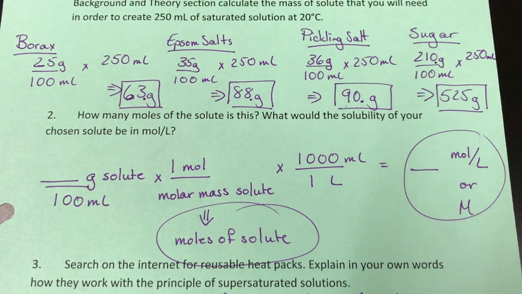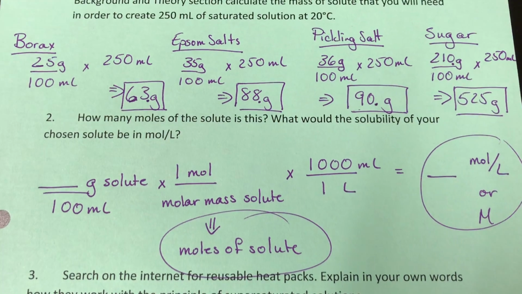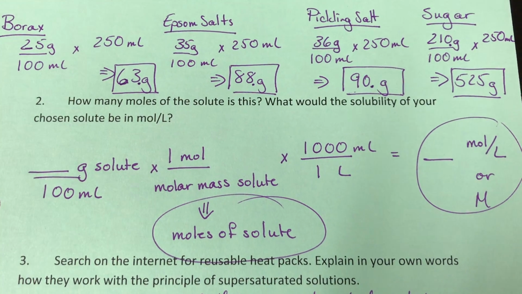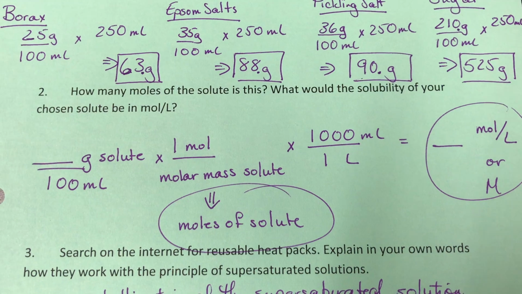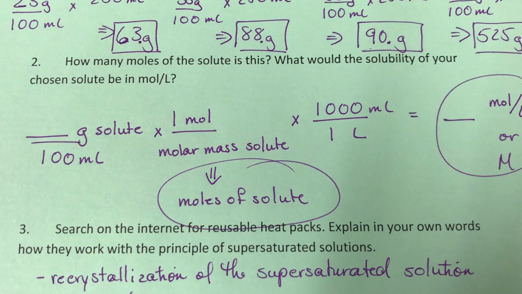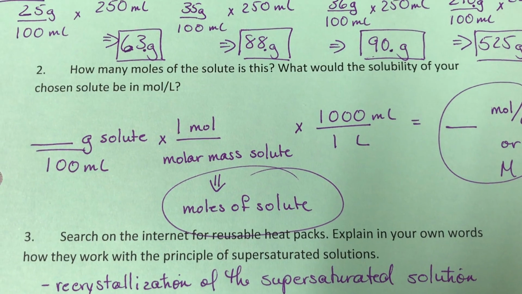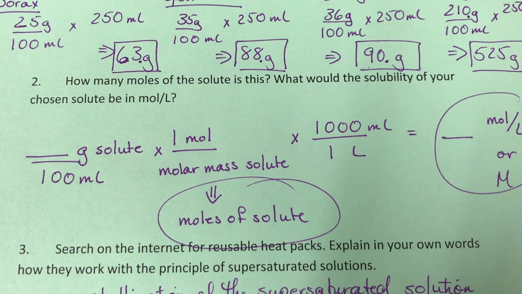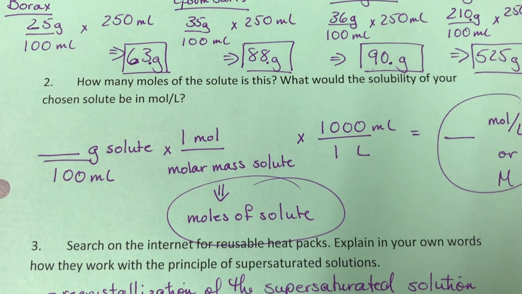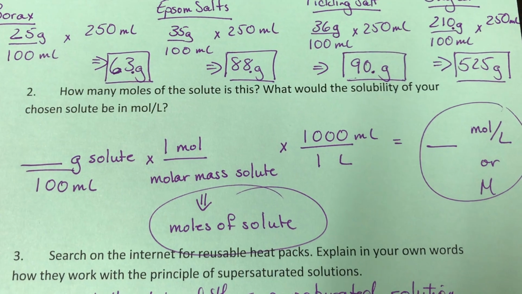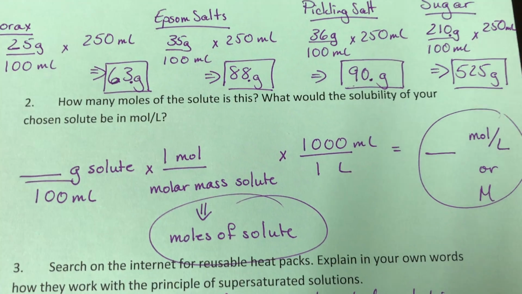After that, we want to figure out how many moles per liter, what's the molarity of this saturated solution that you've calculated based on the solubility of the compound that you want to dissolve. And so I've laid this out with dimensional analysis. You will need the molar mass of each of the solutes. You might have noticed that before in the video, but I'll just give you that again.